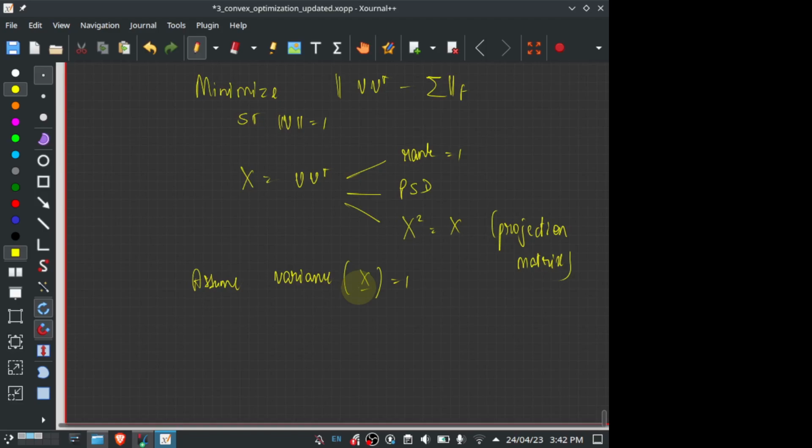What would be the largest eigenvalue? Okay, perhaps I should not be overusing notation. Let me call this matrix V, capital V, square equal to capital V.